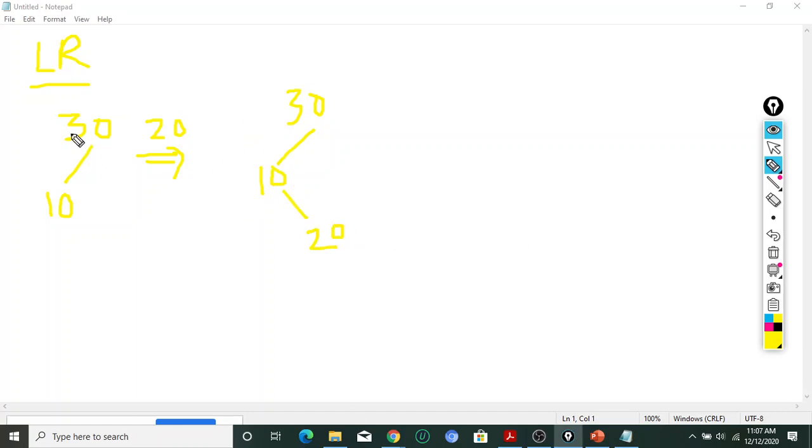Now check: previously this was okay. We have seen that this is 0, this is plus 1 balance factor, but now what is the balance factor? This is 0, 10 is minus 1. No, why 0? These are left side free. Tell me.